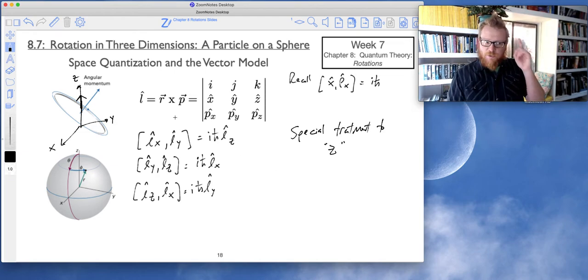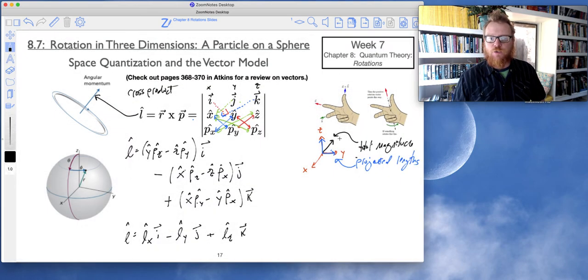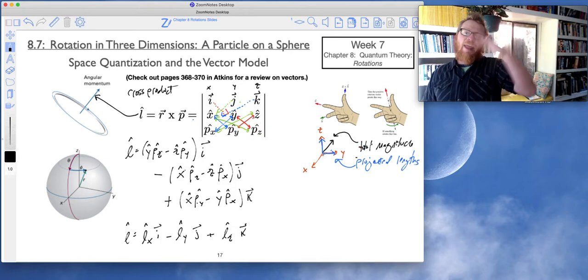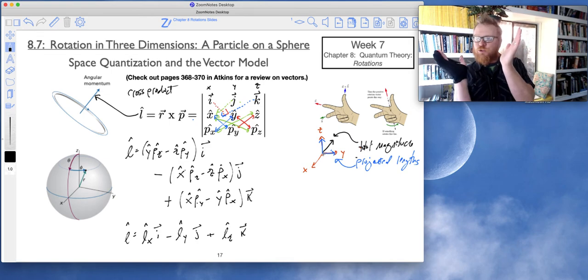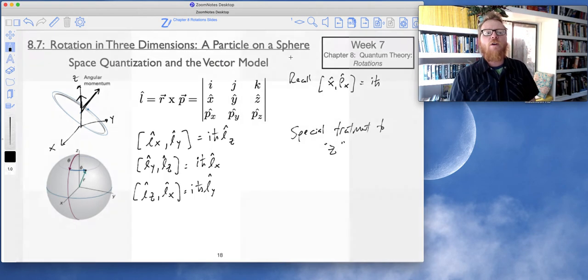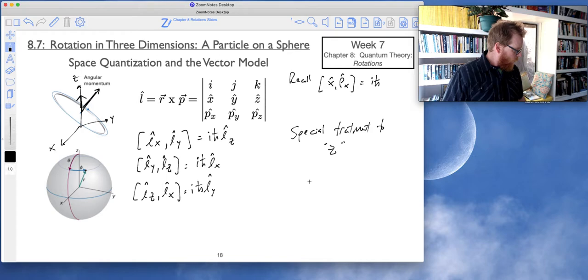So we're going to give special treatment to z for one. But also, what if we give special treatment to just this total magnitude? Remember, going back to our vector review, the one going out at angle theta, phi gives us the total magnitude of those projected lengths. So what if we try to specify with great precision the magnitude? Well, that becomes pretty cool.